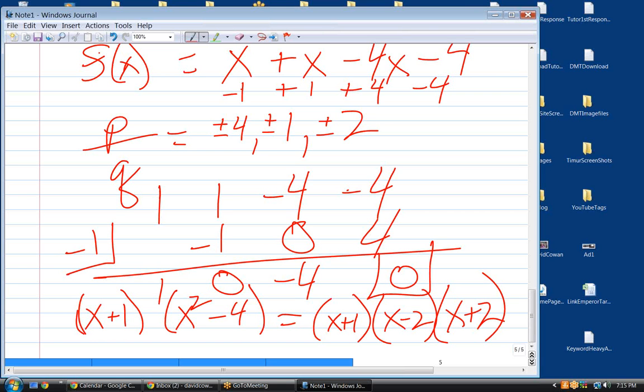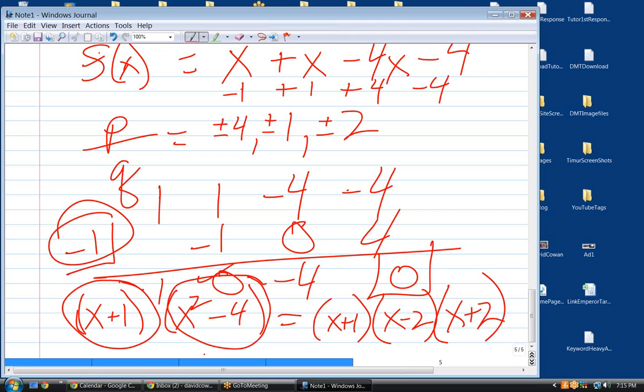So had I continued on with the rational factor theorem, which I didn't really need to do once I found -1. In other words, -1 gave me the linear factor and it gave me the remainder. And in the remainder, because it was a quadratic, I didn't have to use that rational factor theorem. So the rational factor theorem is really more of a place to get started.